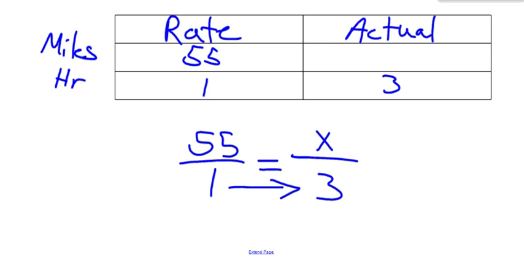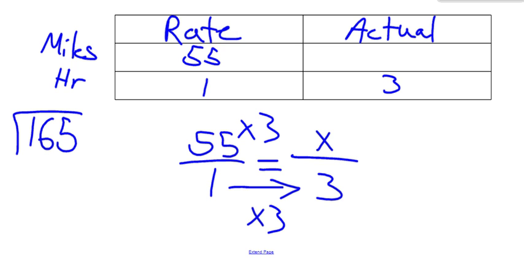If we can, that's going to make our steps easier or faster. If not, we're going to use cross multiplication. We can see that it is times 3, so we want to multiply by 3 on the top. 55 times 3 should get you an answer of 165.